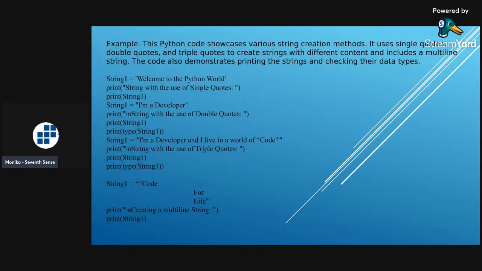And next, again, we are using string1 equals "I am a developer" with the use of double quotes, and we are printing string1. I have one doubt here. Why am I using type of string1 here?